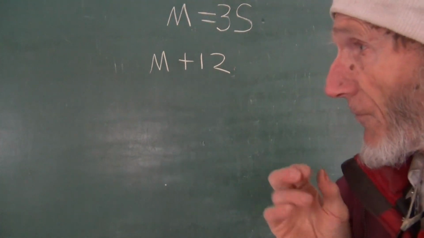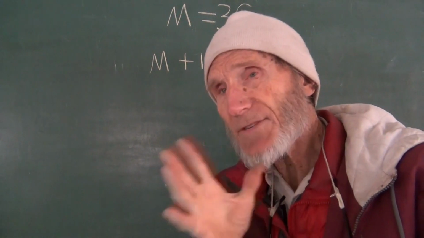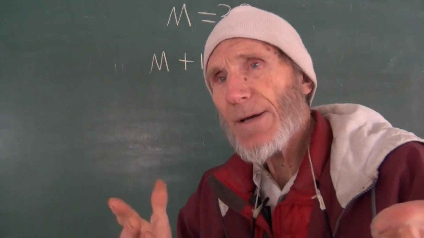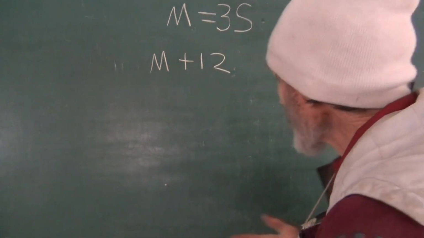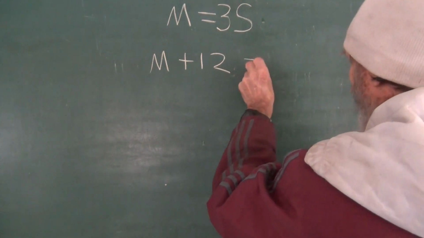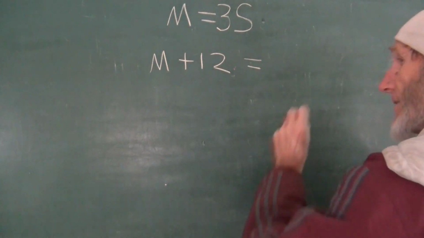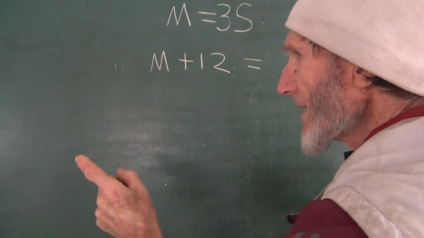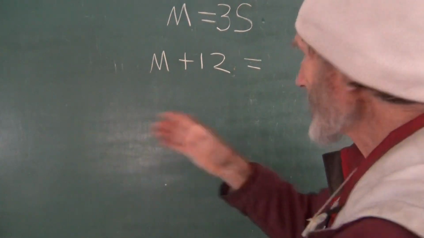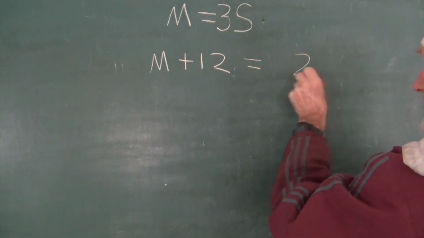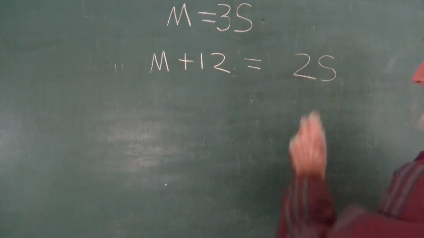Then it says will be 1 year less than twice her son's age. So first of all, there's going to be an equation, so let's put an equals here. And in this case, it's going to be twice her son's age. Let's not worry about 1 year less than, just put twice her son's age. So that's 2 times her son.